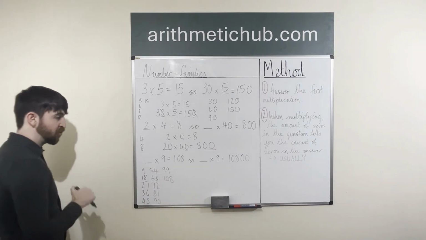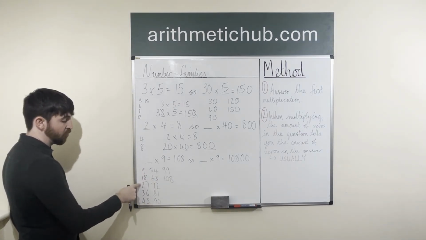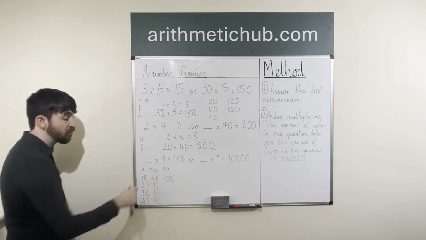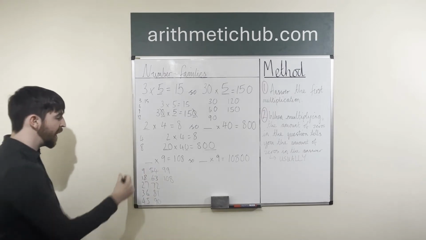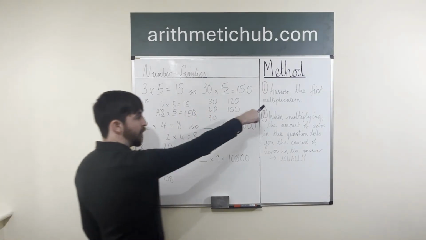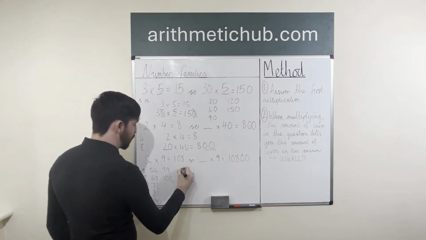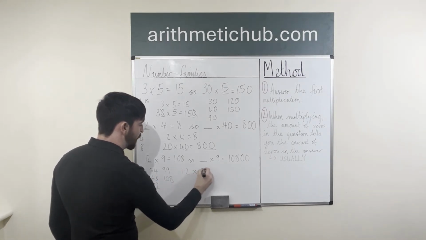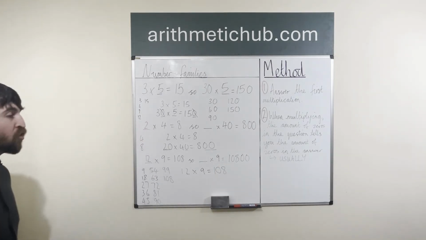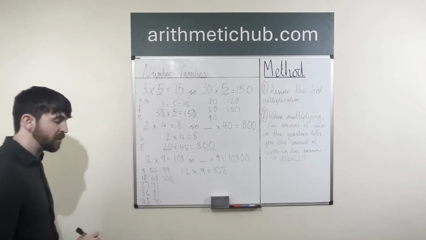So, let me just check how many lots of 9 give me 108. 1, 2, 3, 4, 5, 6, 7, 8, 9, 10, 11, 12. 12 lots of 9 gave me 108. So I've answered the first multiplication and I've done what I needed to do to start with. So I've said 12 times 9 is 108. Okay? So something times 9 is going to give me 10,800.